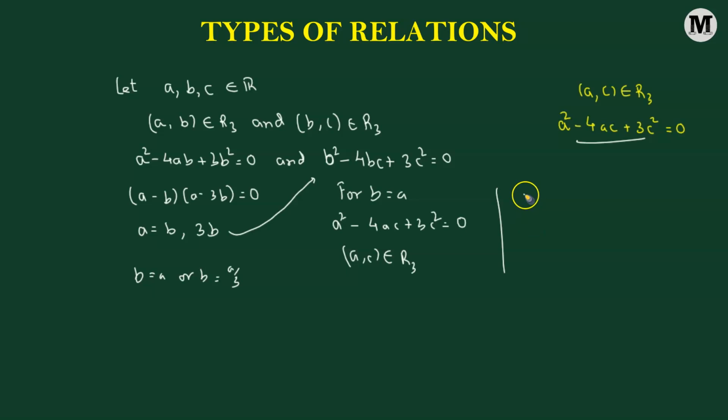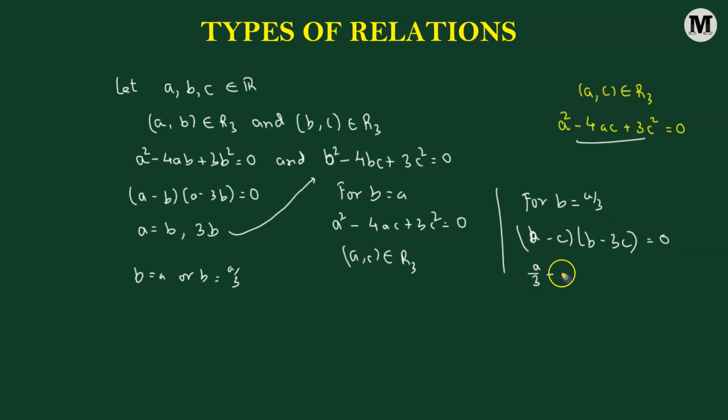And if we use b equals a over 3, then what is b squared minus 4bc plus 3c squared? First, let's factorize it. We get (b minus c) multiplied by (b minus 3c) equals 0. So we replace b with a over 3.